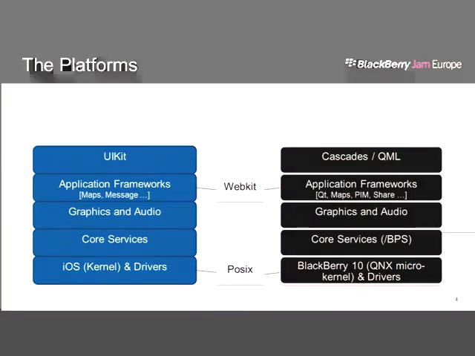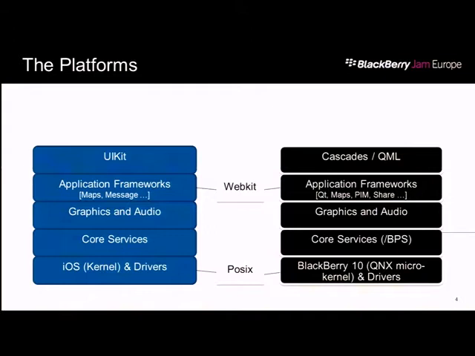It's just the APIs. The core services on iOS, and we have our core services at the bottom layer with the BPS. Most of the time when you're writing Cascades applications, you don't need to go to this layer.